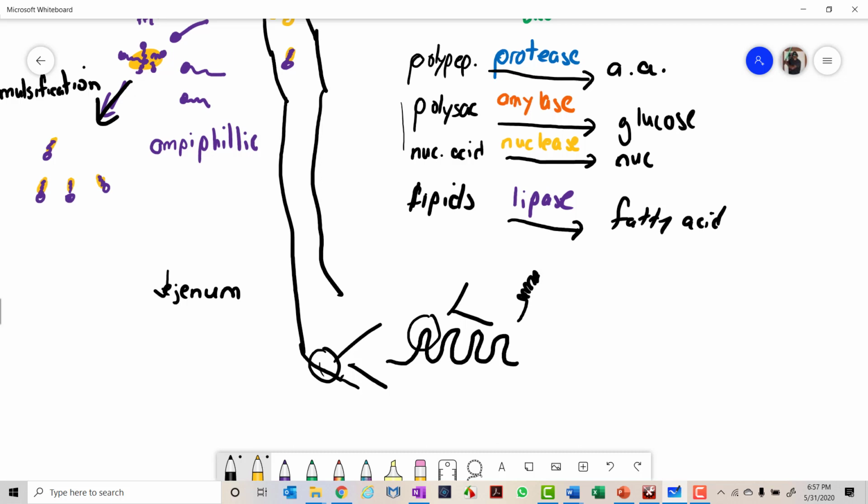And they're called villi. And once you look at the PowerPoint, you'll see a better representation. And so these little finger-like projections greatly increase the surface area of the small intestine. So there's folds, and on the folds are villi.